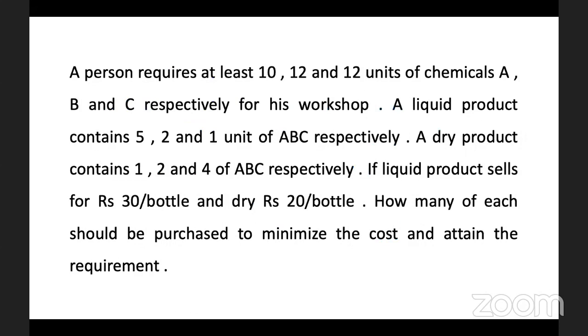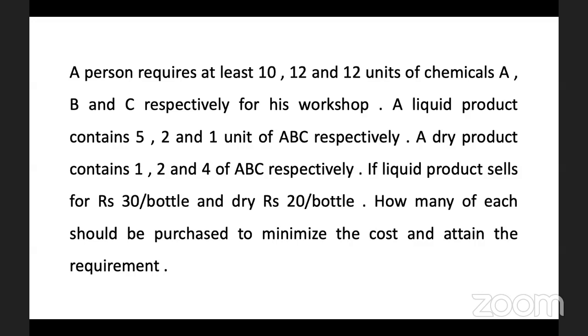So as it goes, we have a problem. We have three chemicals, chemical A, chemical B, and chemical C respectively, which are required in a workshop. The quantity is 10, 12, and 12 units. I'll repeat it. You require 10 units of chemical A, 12 units of chemical B, and another 12 units of chemical C in a workshop.